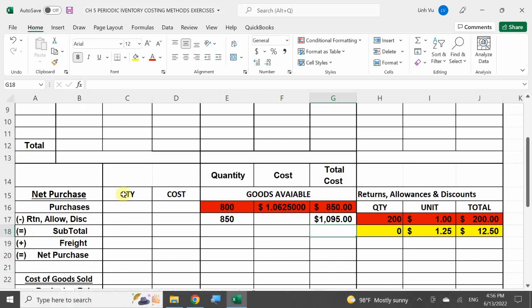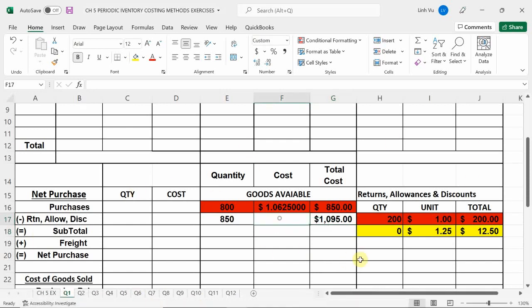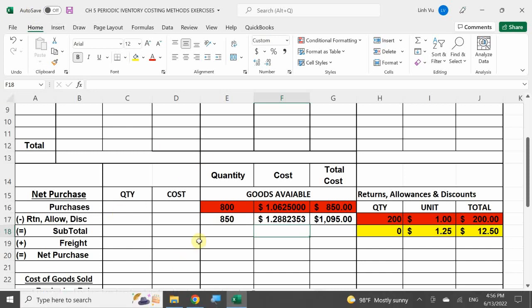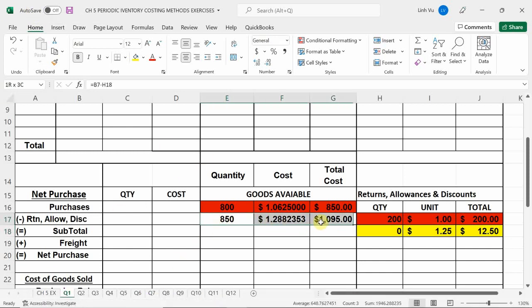Once again, I need to spread that cost across the units on hand to get my cost per item. And this is my yellow batch of inventory, okay?